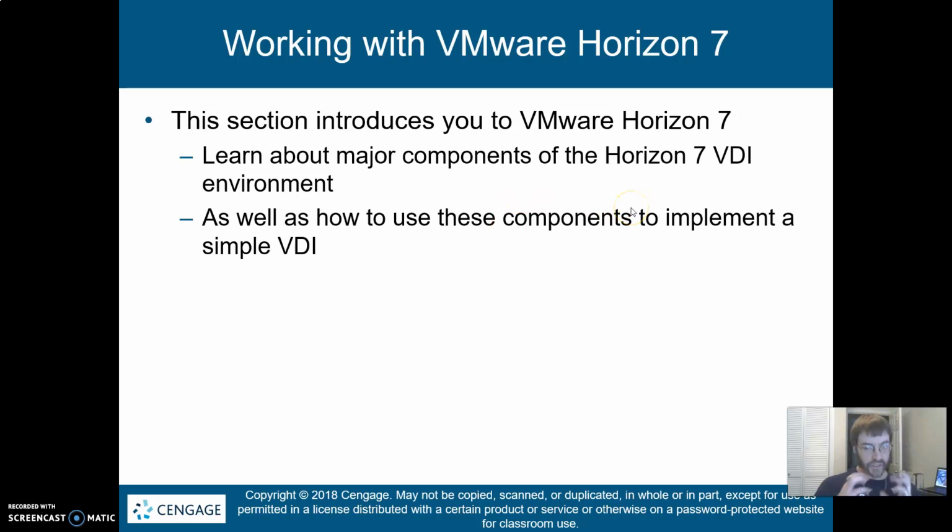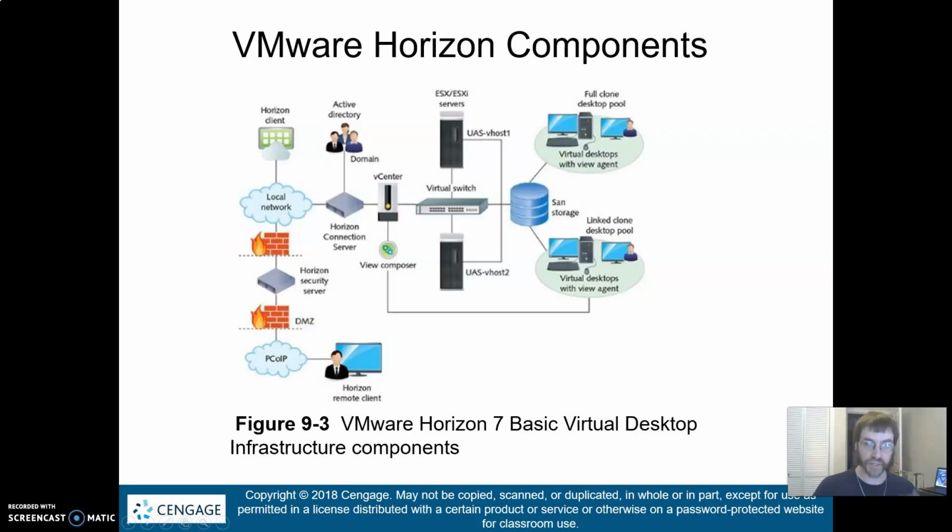Now, there are a number of moving parts, shall we say, to this conceptual machine, this information system. Looking at them graphically, it looks like this. We've got our ESXi hosts, our SANs, our desktop pools, full and linked.